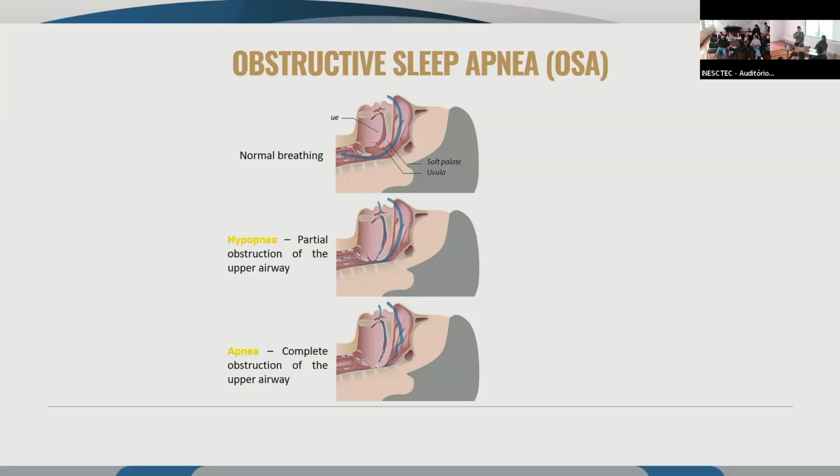Sleep apnea can be of three types: obstructive, central, and mixed. It depends on the number of events and the type of respiratory events that you have during the night. In the first figure, you can see normal breathing.